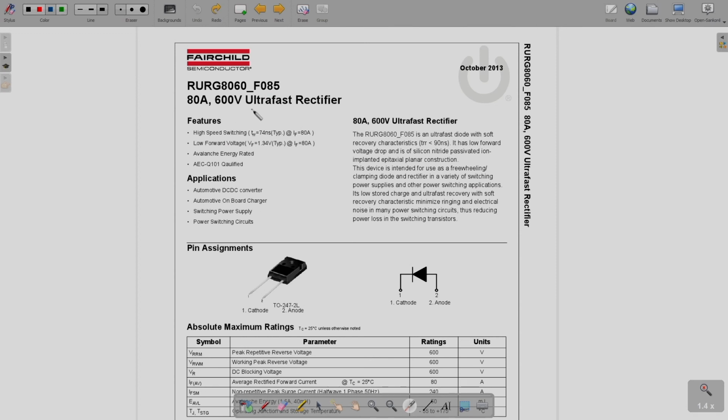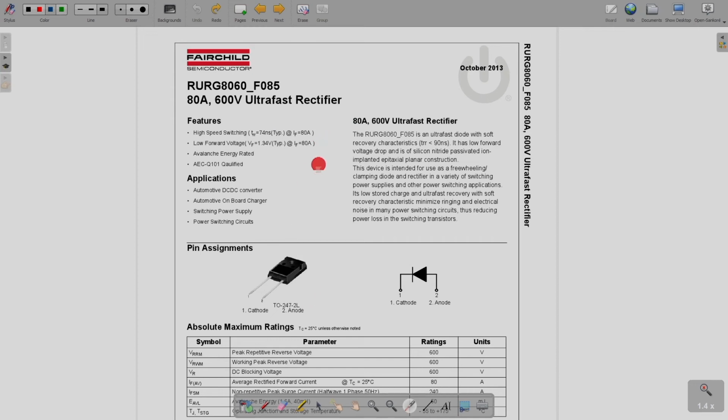Next, I am taking this example of another diode. This is RURG 8060 F085. This is by Fairchild Semiconductor, and this voltage and current rating you can see here 80 ampere, 600 volt, ultra fast rectifier. So, that means this is a fast recovery diode.